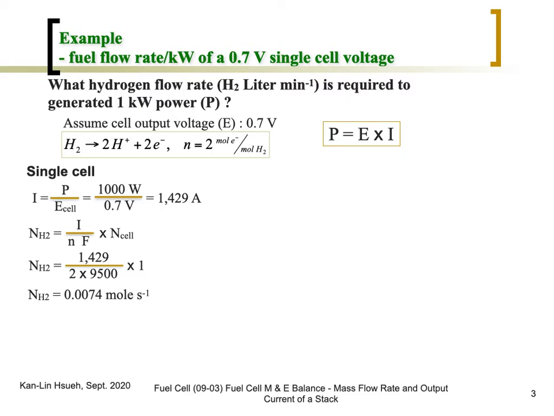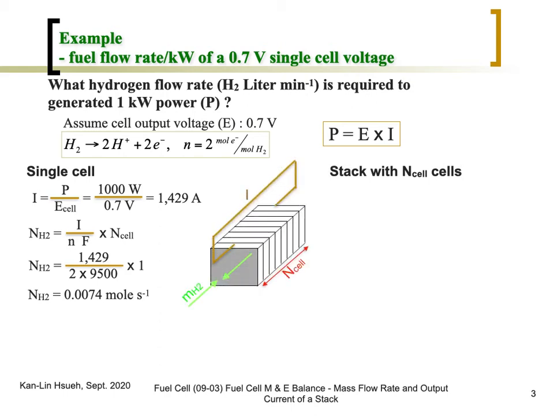If this output power comes from a stack with N cells, what will happen? We still have to calculate how much current will go through the stack. So I equals P divided by N times E, where N is the number of cells. Here it is 20, so the total stack output voltage is 0.7 times 20, which is 14 volt.